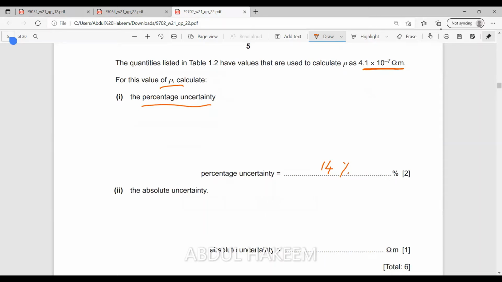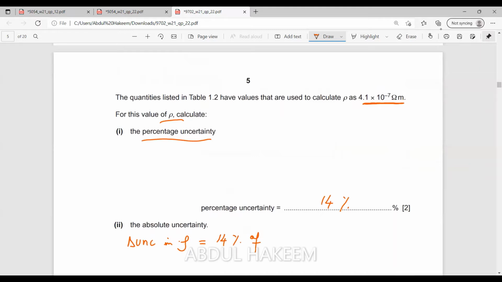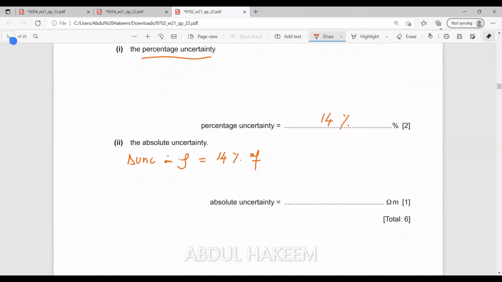Next part is the absolute uncertainty. So the absolute uncertainty in rho is equal to 14% of the value of the rho, which is 4.1 into 10 power minus 7. This is 14 divided by 100 multiplied by 4.1 into 10 power minus 7.